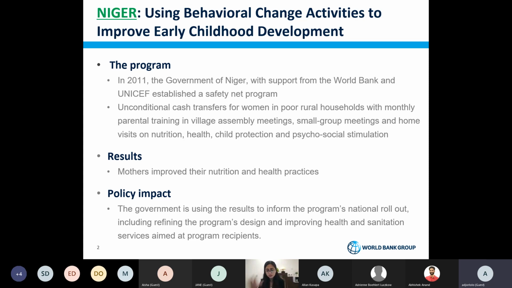So even though the case studies that we will tell you fall within health or education, you will still see that this is relevant because this is very much applicable to the public sector, and this will generally give you an idea of how policy influence has happened within the World Bank.